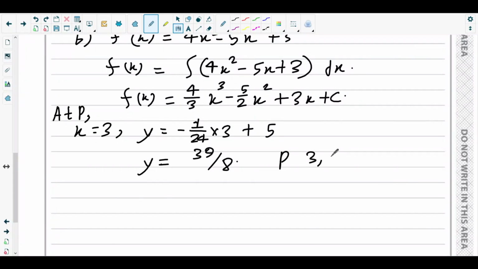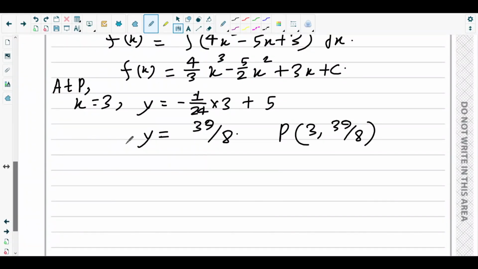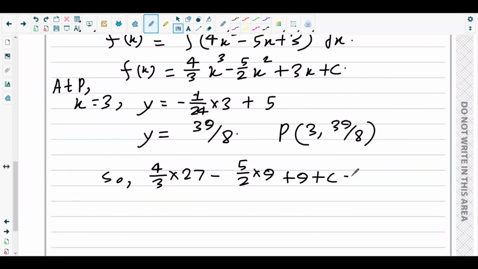So point P is (3, 39/8). Now point P lies on f of x, so put the coordinates of point P into the equation. You will get 4/3 times 3 cubed, which is 27, minus 5/2 times 9, since 3 squared is 9, plus 9 plus c equals 39/8.